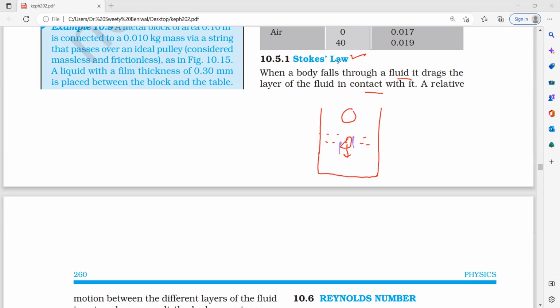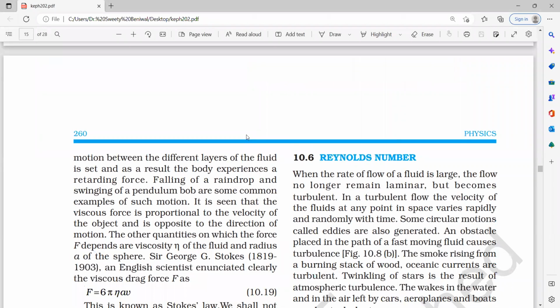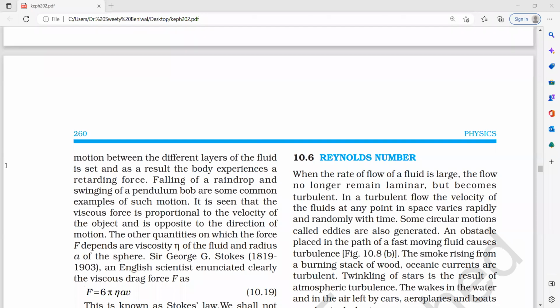A relative motion between the different layers of the fluid is set, and as a result the body experiences a retarding force. Now why is this force retarding? Because you will be getting acceleration as negative.